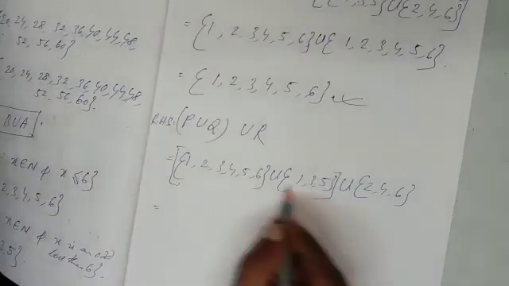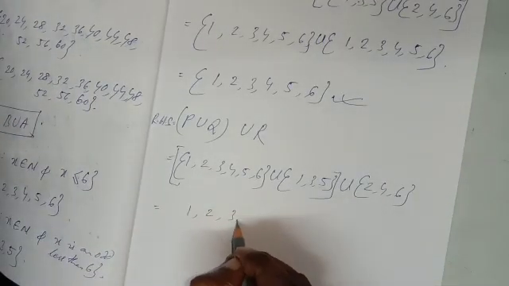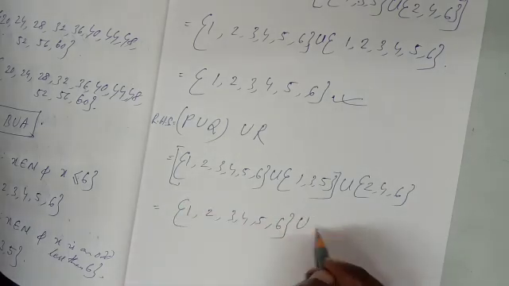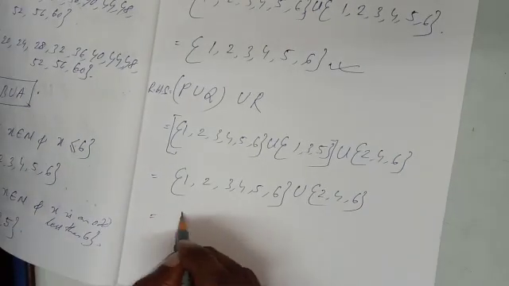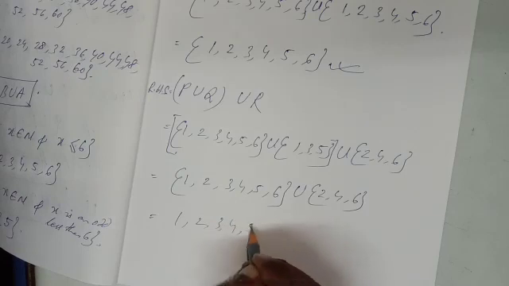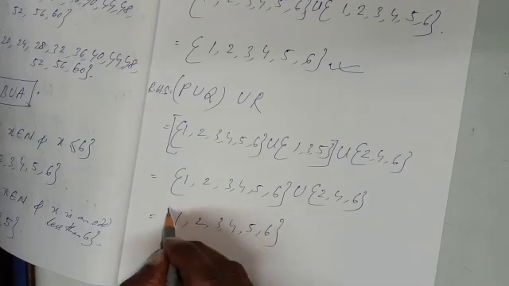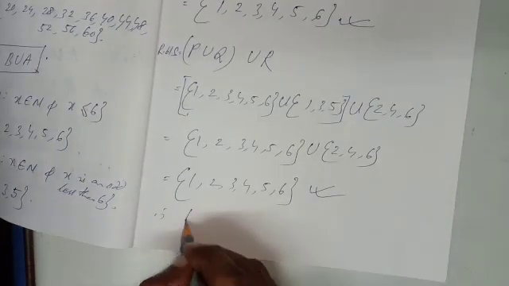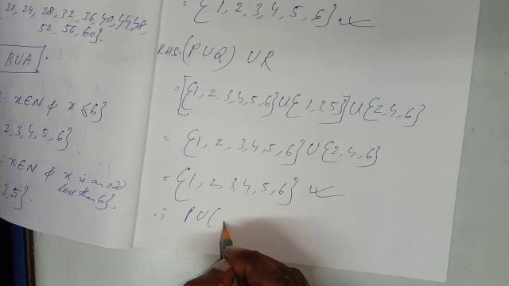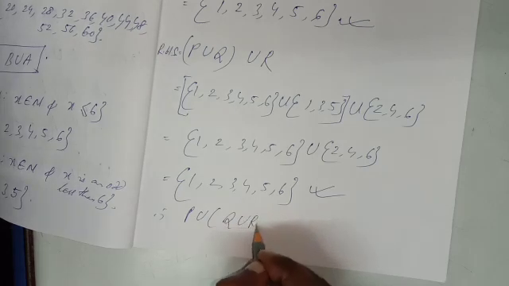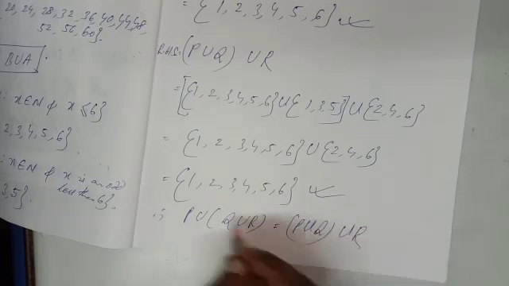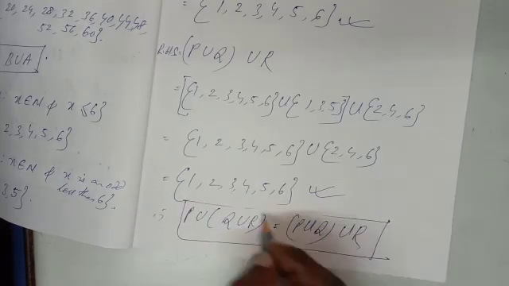First write the union of this one, that means 1, 2, 3, 4, 5, 6, no repetition, union of 2, 4, 6. So what are the elements coming here? That is 1, 2, 3, 4, 5, 6, no repetition. So what is the conclusion? Therefore, P union Q union R is equal to P union Q union R. In this way, this part is also proved and completed.